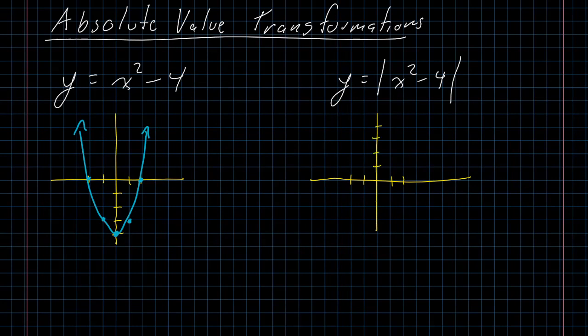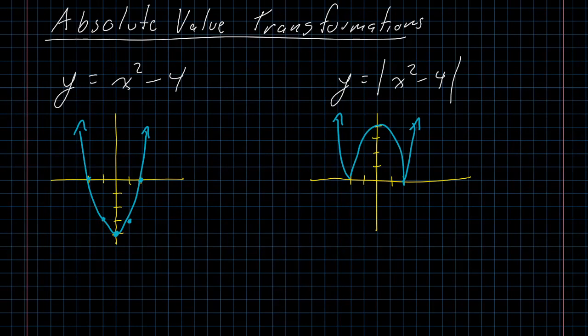What is absolute value doing? If the value of the function is positive, then the absolute value of the function stays exactly the same and nothing changes. If the value of the function is negative, then the absolute value takes that and makes it positive.